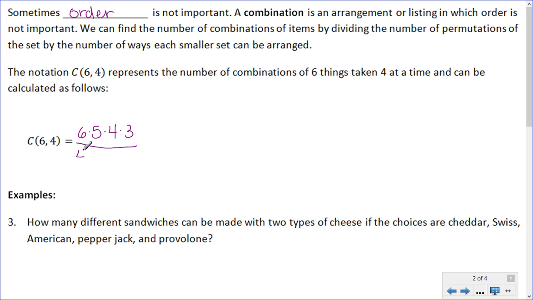So we have 4 things to choose for the first one, 3 things for the second one, 2 options for the third, and just 1 option because there's only one left. Okay, so 6 times 5 times 4 times 3 is 360. 4 times 3 times 2 times 1 is 24. And when we divide those, we get a total of 15 combinations.